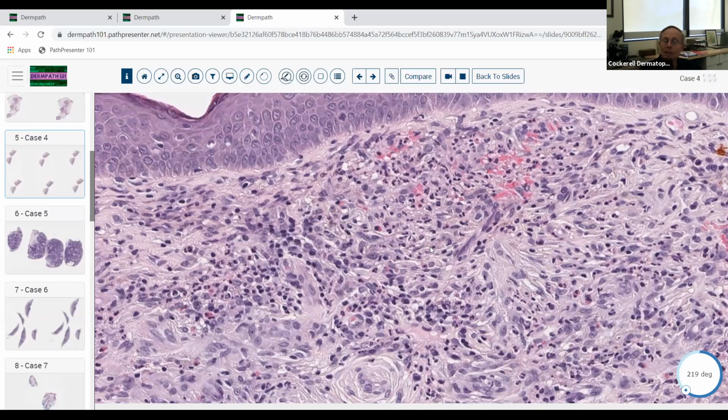And there's two conditions where you see this. You see it here in granuloma faciale, but you also see it in erythema elevatum diutinum, which is a histologic identical twin of granuloma faciale. So if you were going to get this on a board examination, they would not show you erythema elevatum diutinum as a differential diagnosis. It really wouldn't be fair.